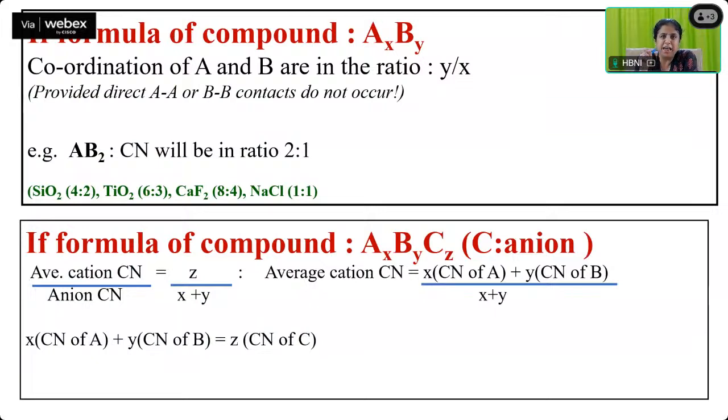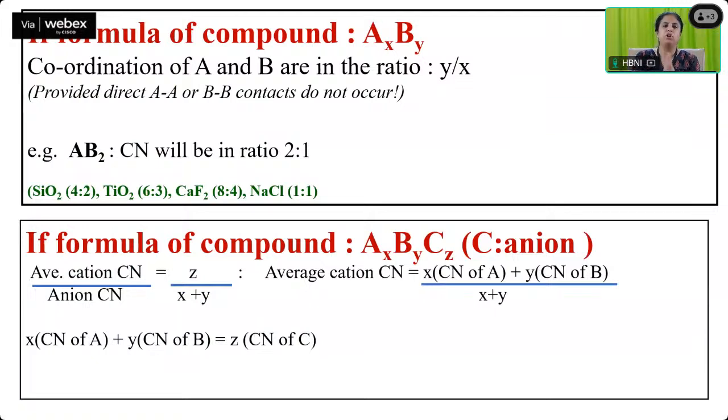So in CaF2, the ratio of the coordination numbers is 2:1, 2 for calcium and 1 for fluoride. Calcium has the coordination number of 8 and fluoride ion has the coordination number of 4. You can, of course, try this for other compounds and you'll find this valid.